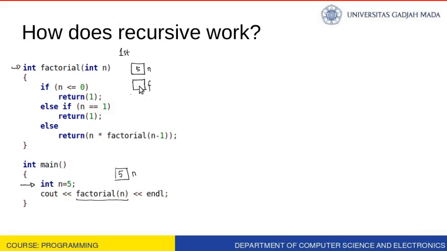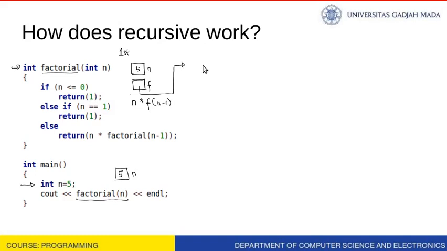And what is inside of this f? This is n multiplied by factorial n minus 1. So what is factorial n minus 1? It means that I will call this function again, and everything will be a new function call.